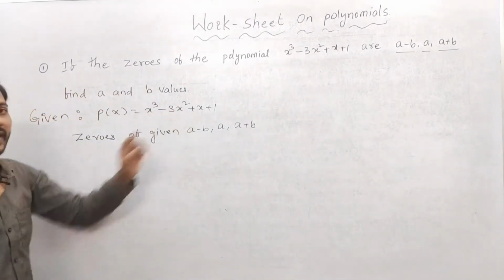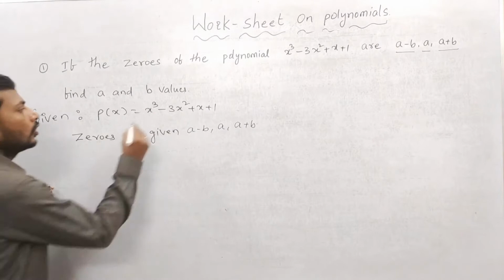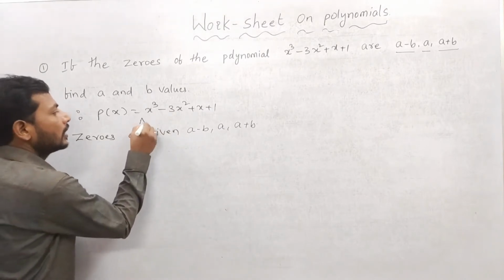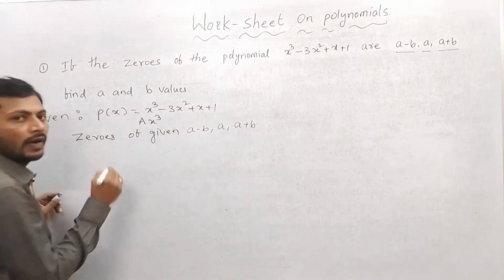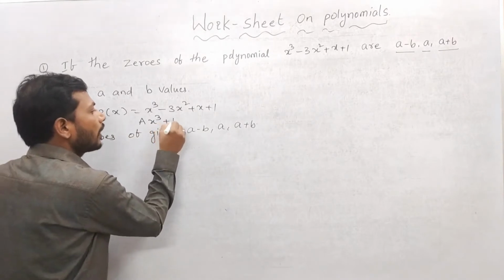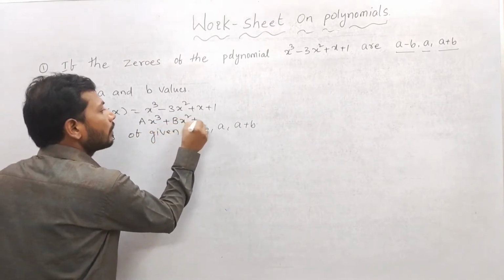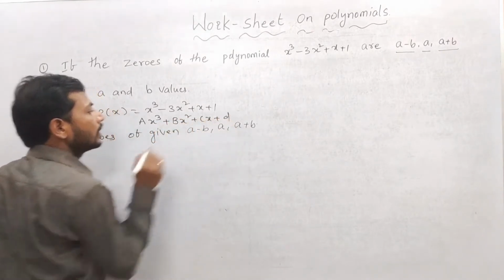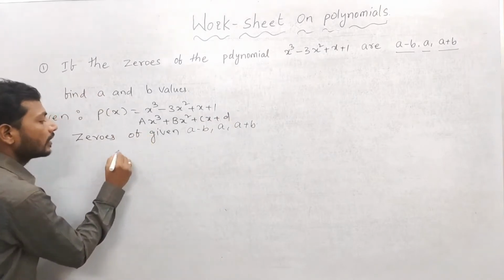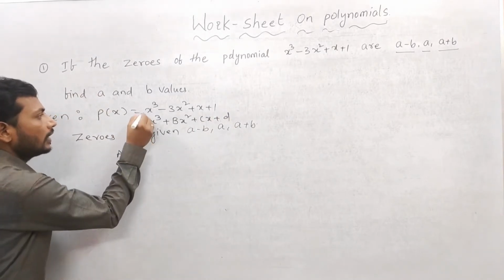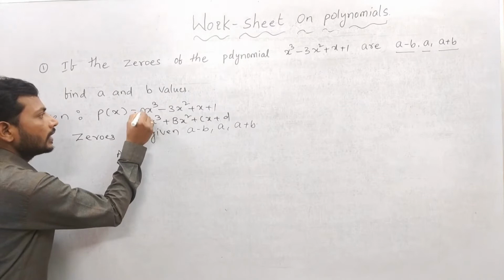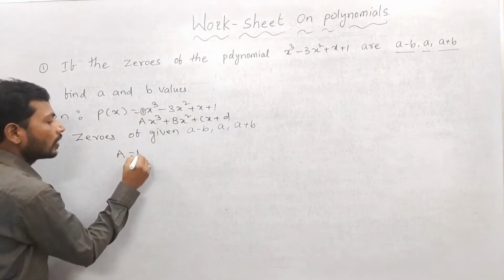Then given the equation p of x, compare the p of x. If you compare with the normal equation, what is the general form? a x power 3 plus b x square plus c x plus d. In the place of a, what is there? Sir, in the place of the a, nothing is there. Nothing means what? 1. Very good.